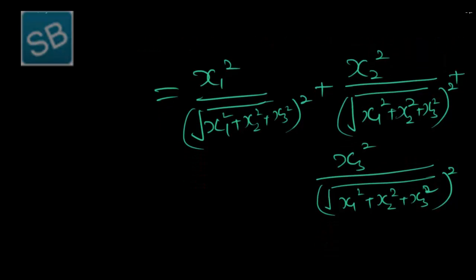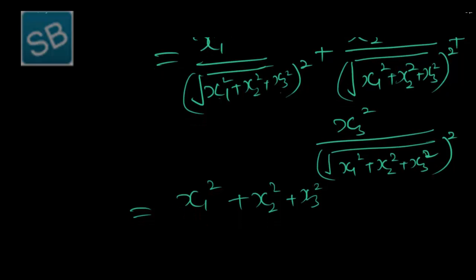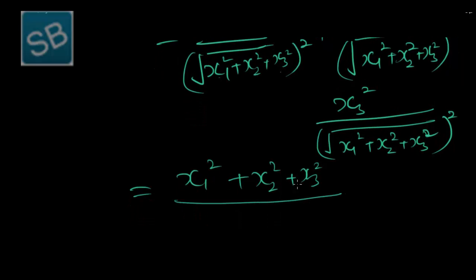So we get x1 square plus x2 square plus x3 square by taking the LCM, that will be x1 square plus x2 square plus x3 square, because the square and root will be cancelled out, which is equal to 1.